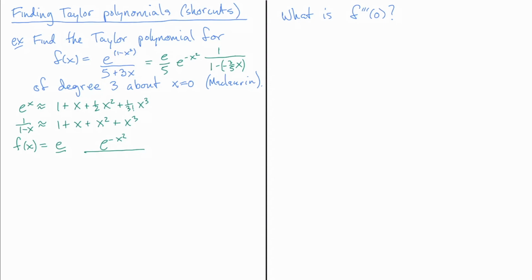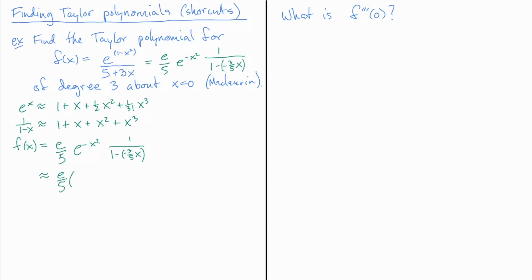Okay, so here we have e over 5, and then the e to the minus x squared, and I can write it like that actually. So like this, and then 1 over 1 minus 3 over 5 x. And so writing that with a Taylor polynomial, I'm going to say that's approximately equal to e over 5.